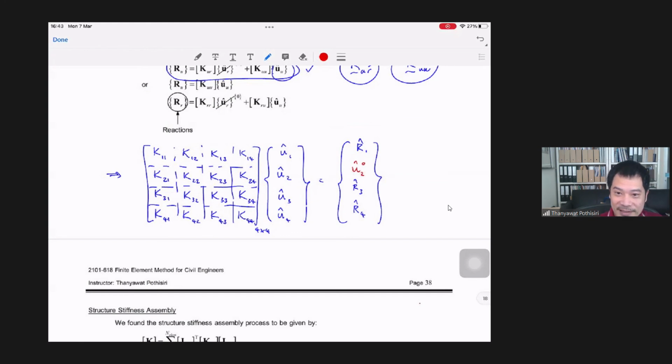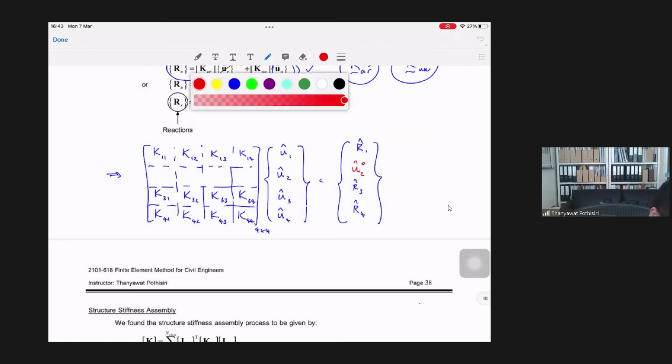So put the known values of displacement onto the right hand side, and then modify the stiffness matrix accordingly by changing this to this.